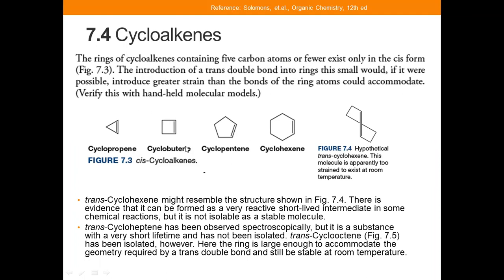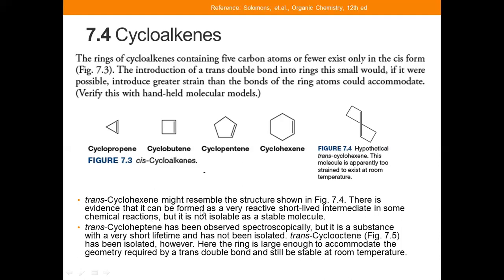It's not possible to have the trans. So cyclohexene is cis, but there is a hypothetical trans cyclohexene, but it's too strained to exist even at room temperature. So this one becomes hypothetical. The most stable one for cyclohexene is also the cis.